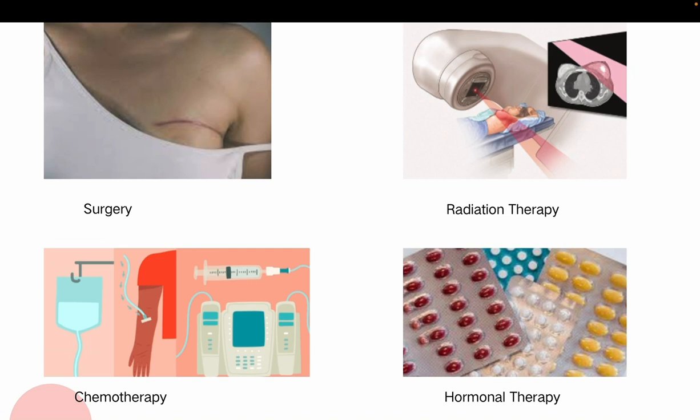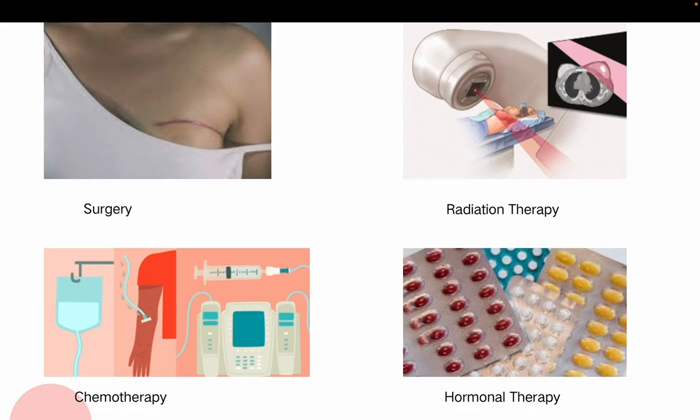External beam radiation is delivered from a machine outside of the body. Chemotherapy, a systemic treatment that uses drugs to kill rapidly dividing cancer cells. Administration can be given before surgery to shrink tumors or after surgery to reduce recurrence risk.